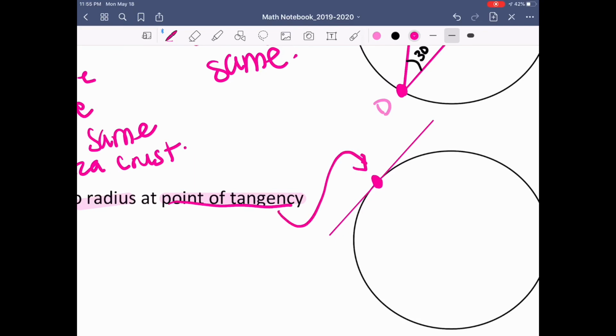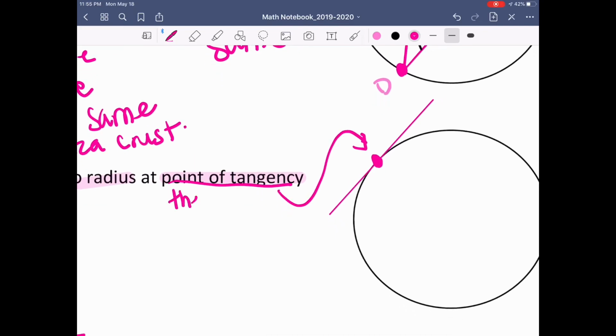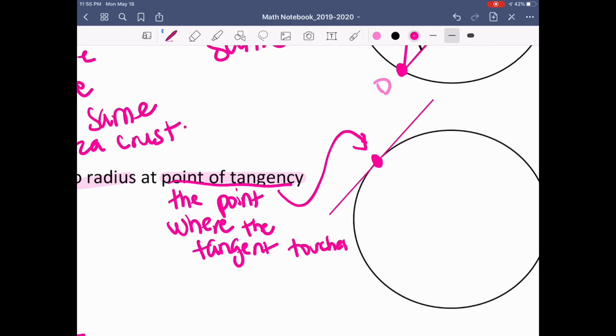The point where the tangent touches the circumference. Whenever you have a tangent line, you have a point of tangency, which is where it's actually touching the circle.